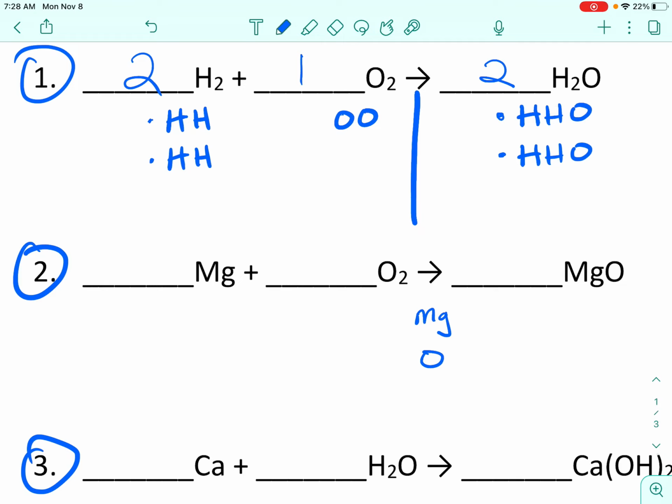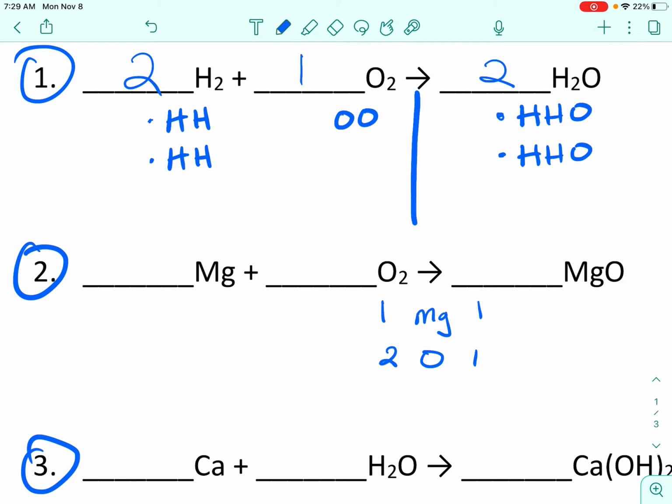And then to the left of them, I'm going to put how many appear in the reactant side. So there's 1 magnesium and there's 2 oxygen in the reactant side. And in the product side, there's 1 magnesium and 1 oxygen. So this is like that atom inventory we were doing before.